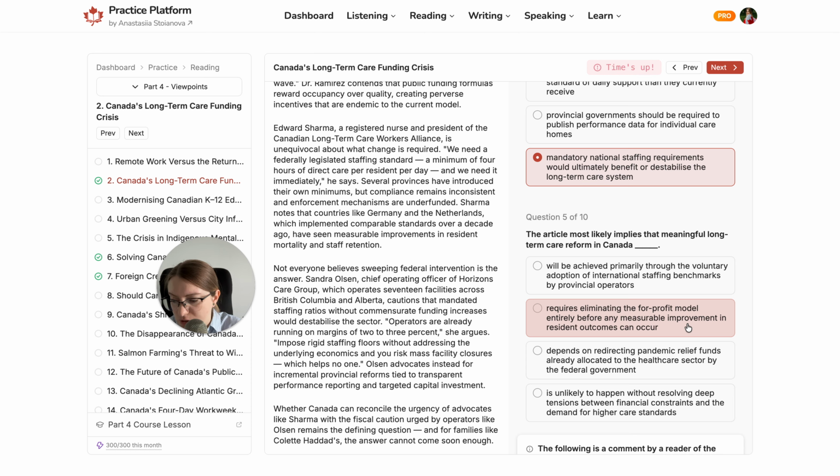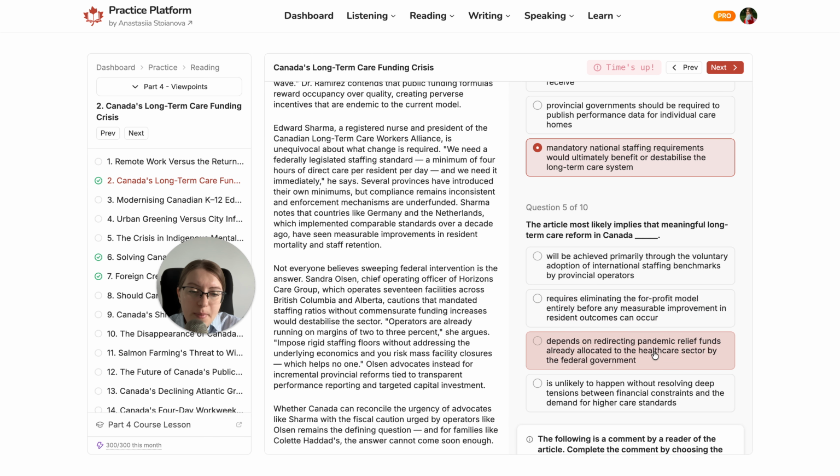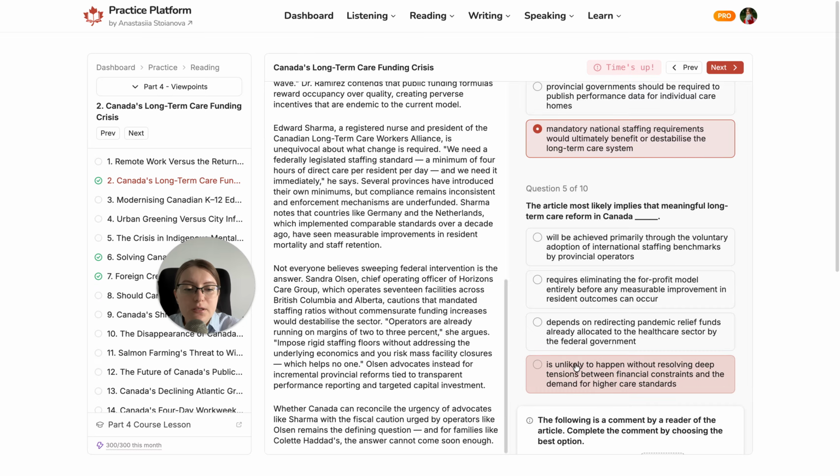Was this mentioned based on the whole text? Depends on redirecting pandemic relief funds already allocated to the healthcare sector by the federal government. Is unlikely to happen without resolving deep tensions between financial constraints and the demand for higher care standards. This one is the closest to what the text says.